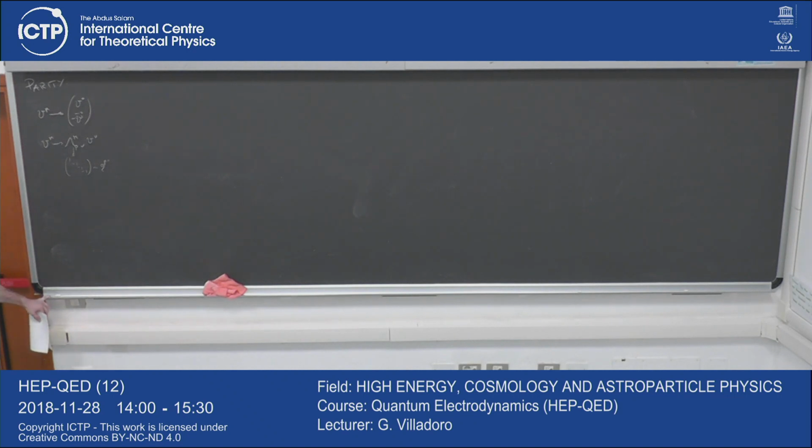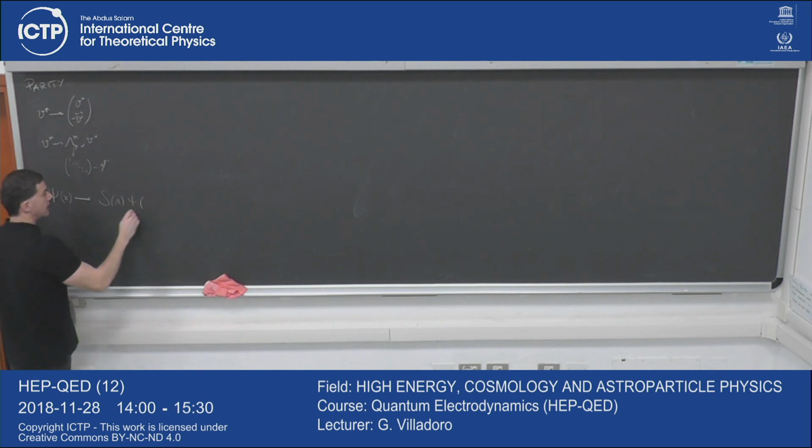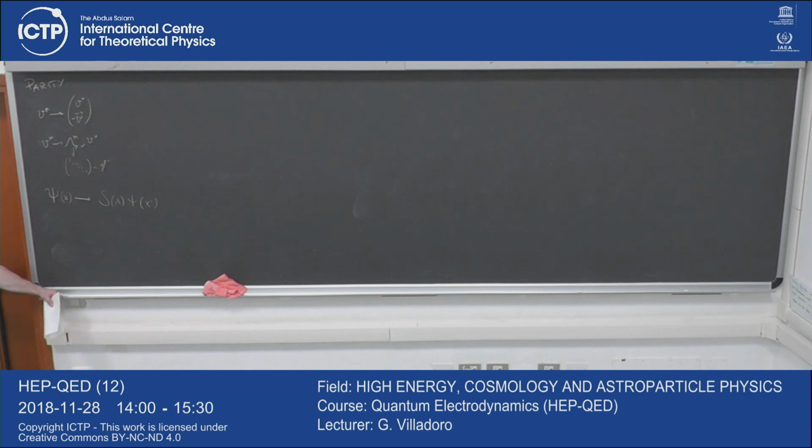Okay, so this means that for our fields, usually under a Lorentz transformation, a field psi of x transforms into something which in general is of the form of some matrix S applying to the spinorial index, the spin index, times psi of x prime. x prime is the lambda minus 1 transformation.